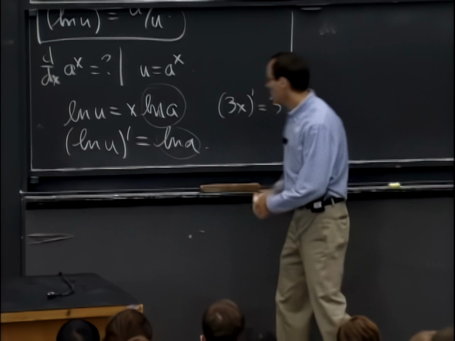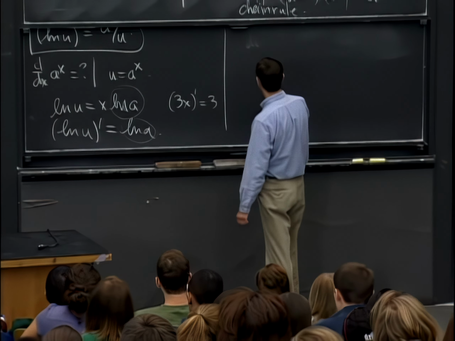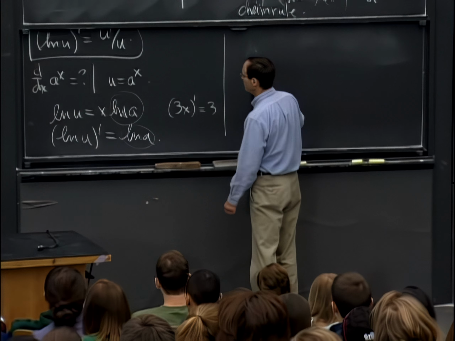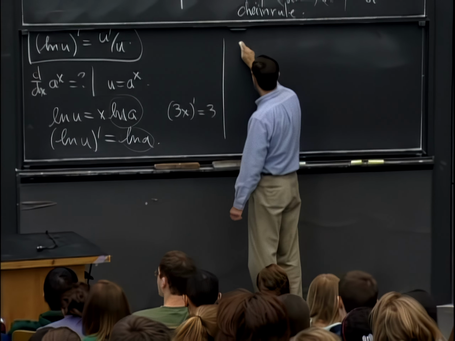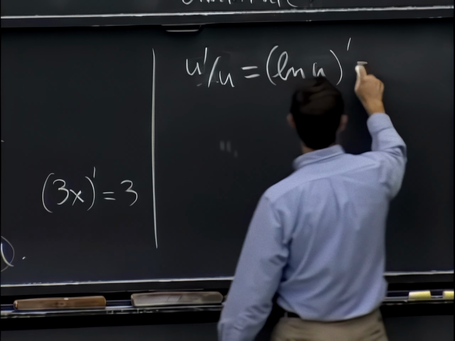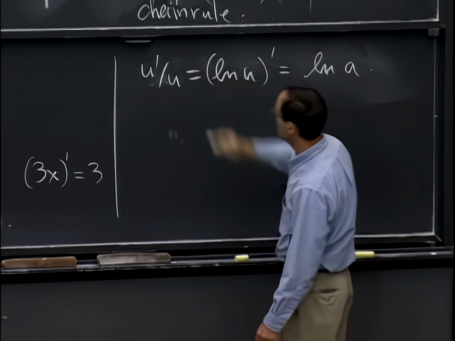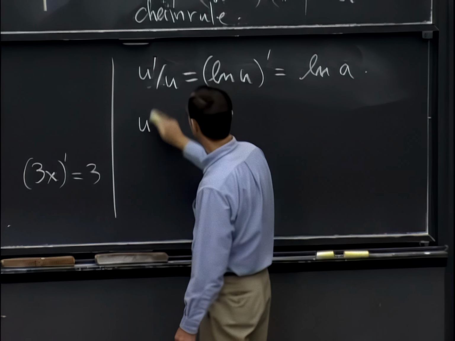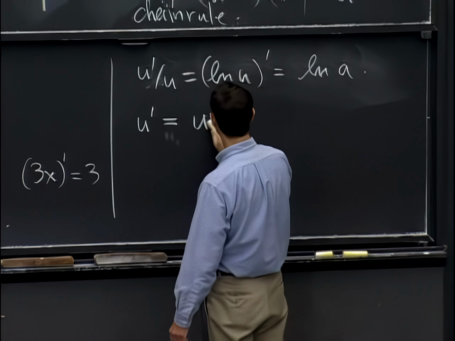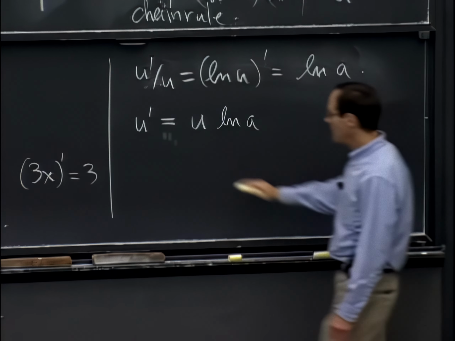All right, so there's our formula that the derivative of the logarithmic derivative is this. But let's just rewrite that. That's the same thing as u prime over u, which is log u prime is equal to log a, right? So this is our differentiation formula. So here we have u prime. u prime is equal to u times log a, if I just multiply through by u. And that's what we wanted.